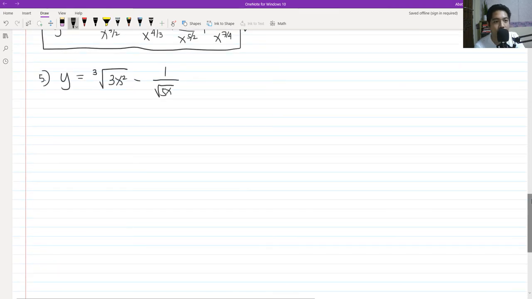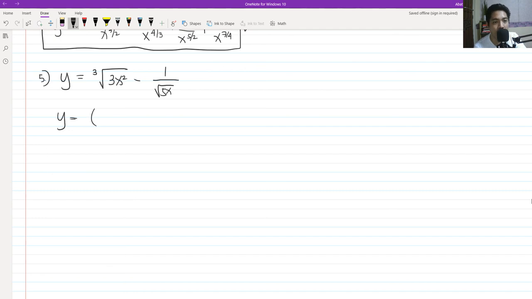Okay? So we know that if we are going to transpose this or rewrite this into its exponential form, okay, we are going to recall our knowledge about the radical and the exponents. Okay? So what are we going to do here is that we know that this 3x squared is all inside of the cube root.